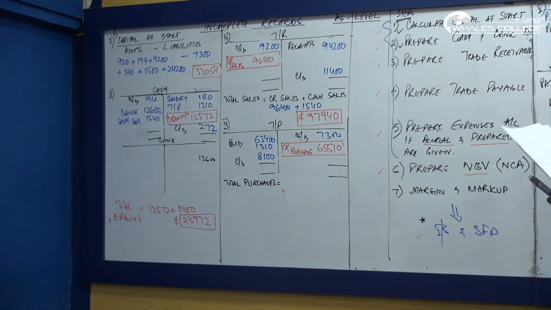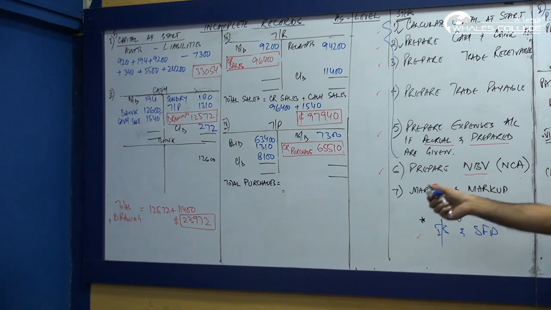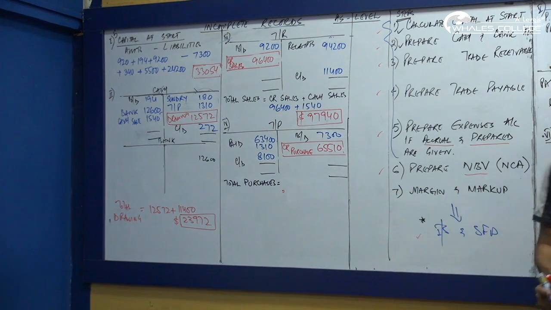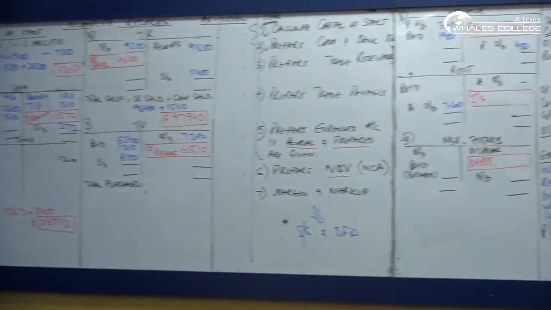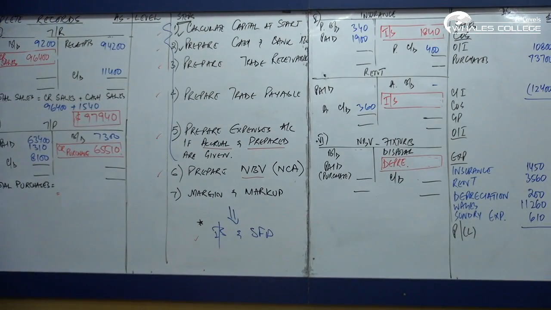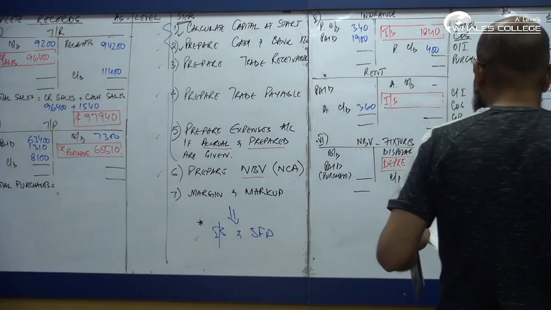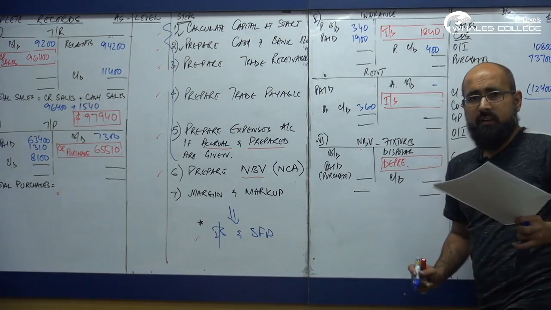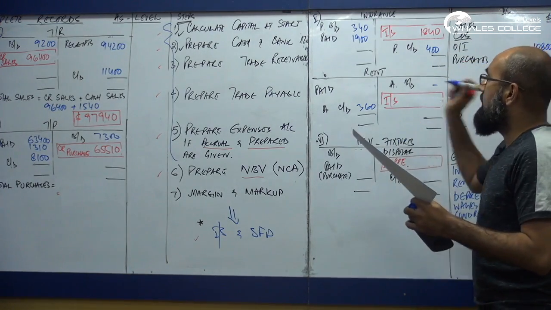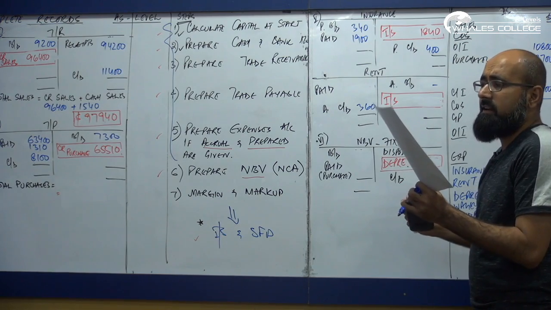Now for the rent, we don't have any opening. We have a closing value 360. No opening, closing is 360. For every working, you must go for start and end values. Now rent: go to the bank and get the payments.